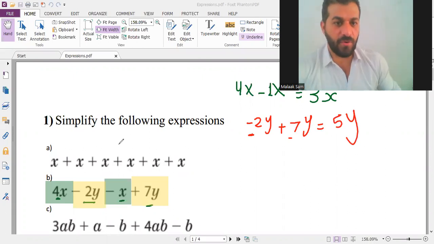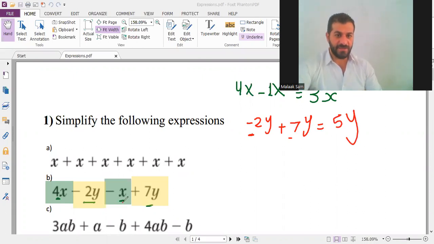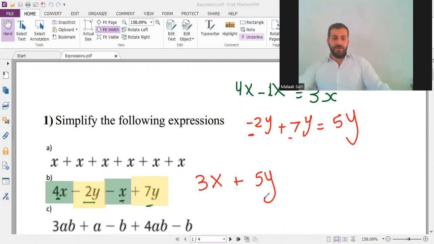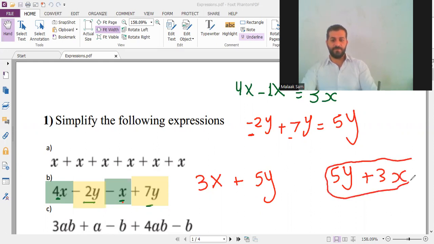So we ended up with 4x minus x equals 3x, so we write 3x. And minus 2y plus 7y equals 5y, so we write plus 5y. We can write 5y plus 3x, they are the same. 3x plus 5y is the same as 5y plus 3x.